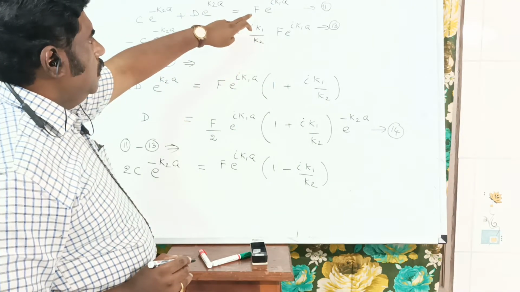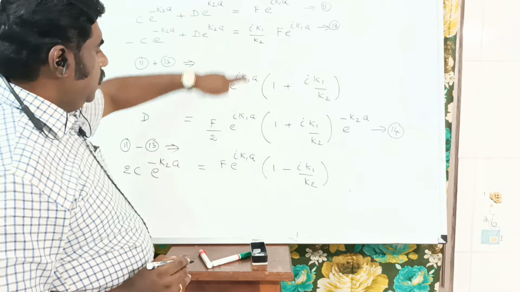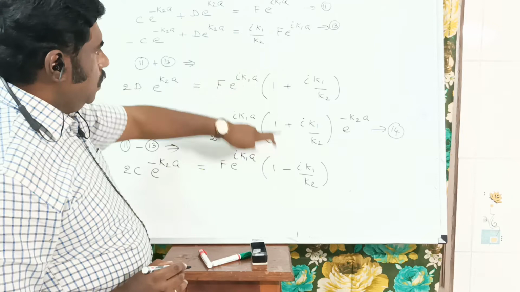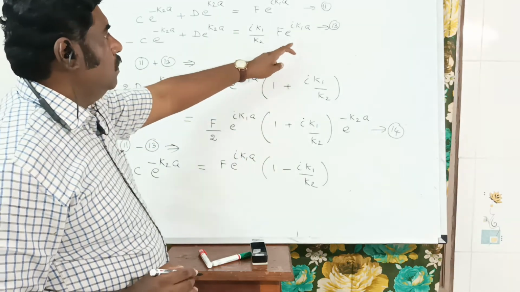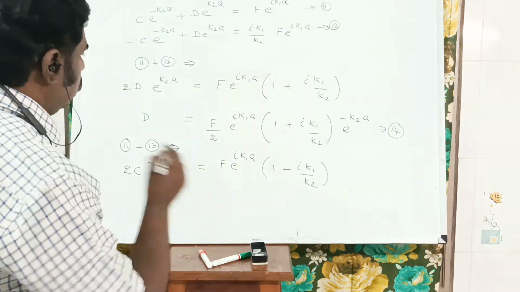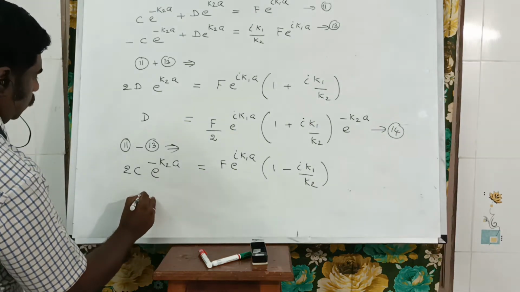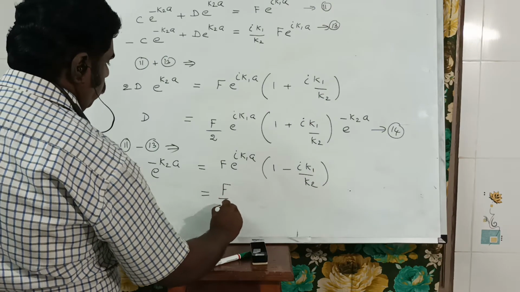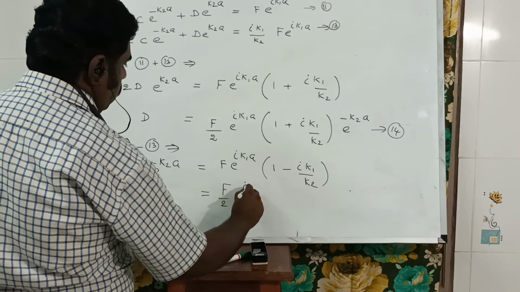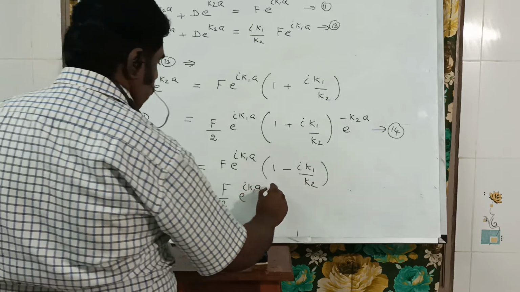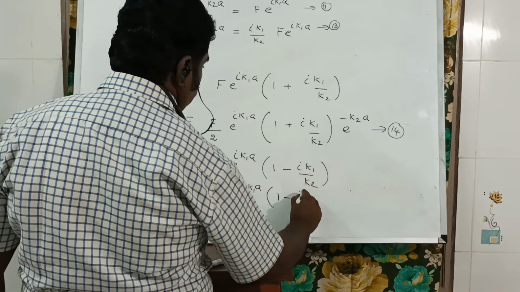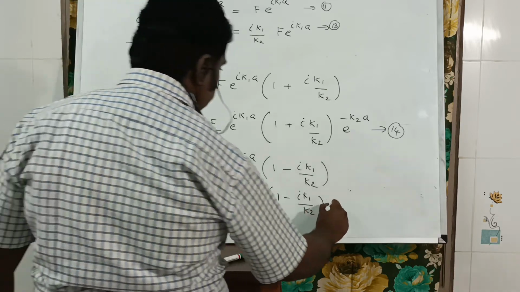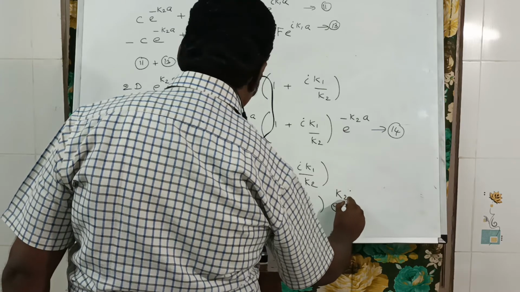If you make the operation on the right-hand side, F into e power i k1a is taken out, 1 minus of i k1 by k2. Already we have taken out this F into e power i k1a outside. From this, the value of C is equal to F by 2 e power i k1a into 1 minus i k1 by k2 into e power k2a.